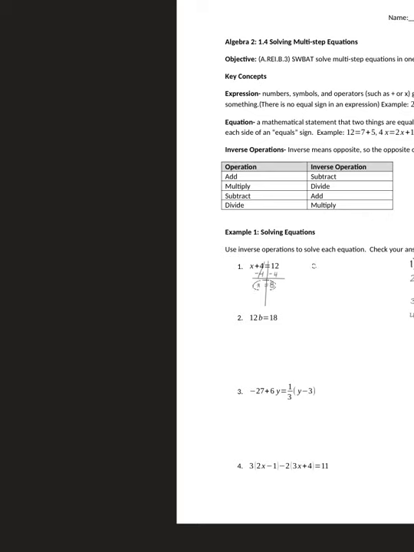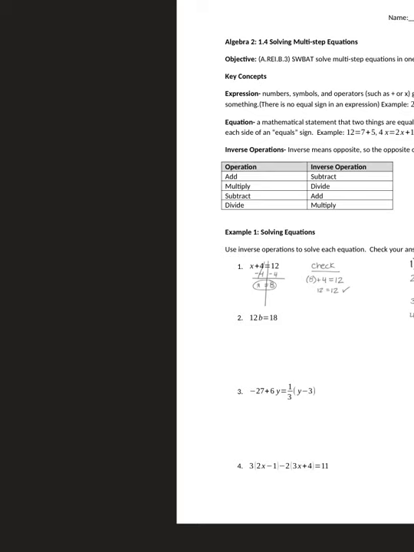Now to check, which is a huge important thing, you just plug your answer back into the original equation where x was. So our x is equal to 8, so that's what I'm going to substitute there. And I just plug it into the equation. Well, does 8 plus 4 equal 12? Well, yeah, it does. So we know that our check is right, or our answer is right.